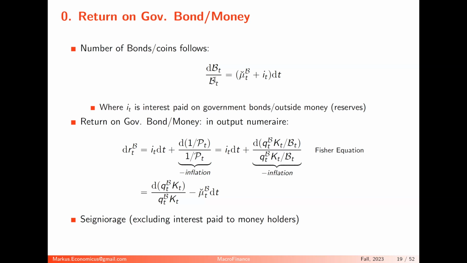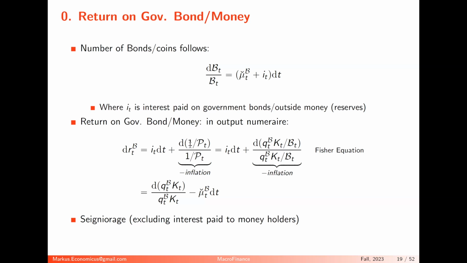And then we have the Fisher equation. Remember the Fisher equation? The real return on the bond is the nominal interest rate on the bond minus the inflation, or I could have put the inflation on the other side. This is written this way because the real return is stochastic. The nominal interest rate is fixed, so it's non-stochastic, but the inflation is stochastic.